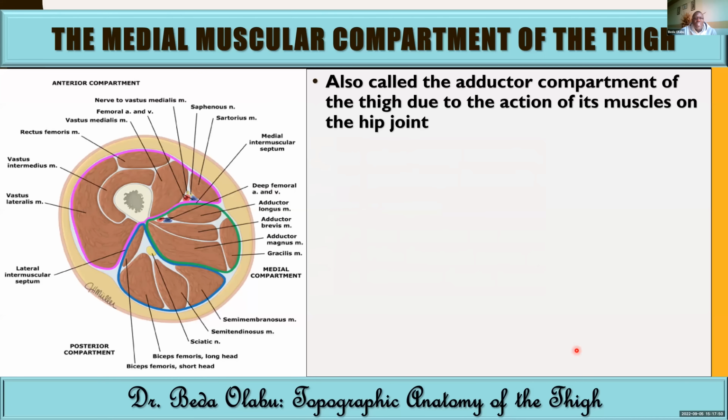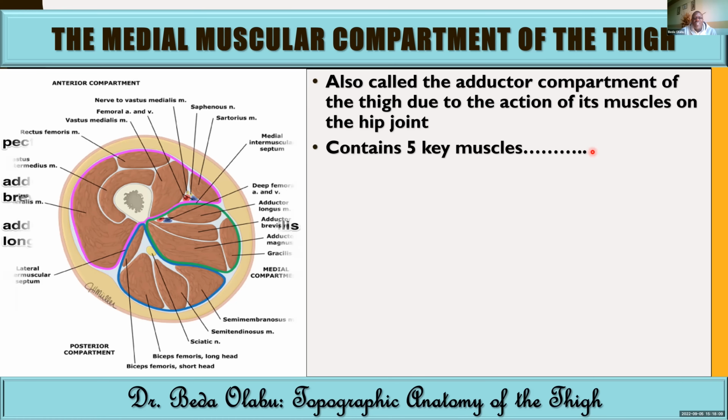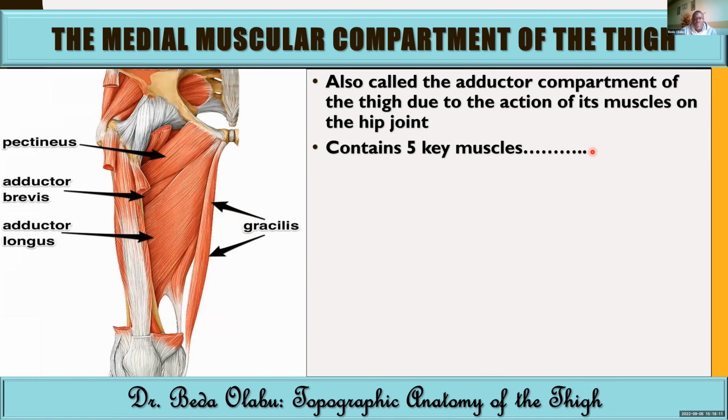Now we can talk about the medial muscular compartment of the thigh. The muscles on the medial aspect of the thigh principally cause adduction at the hip joint, and so we call it the adductor compartment. We have some 5 key muscles in this particular group.